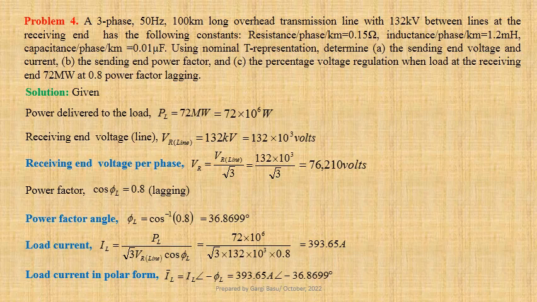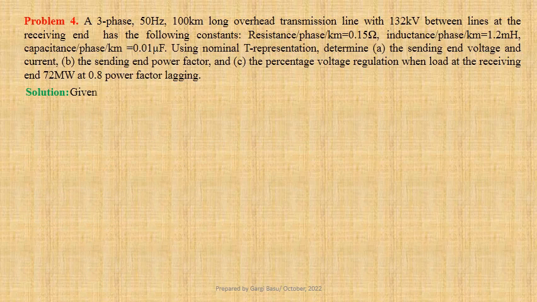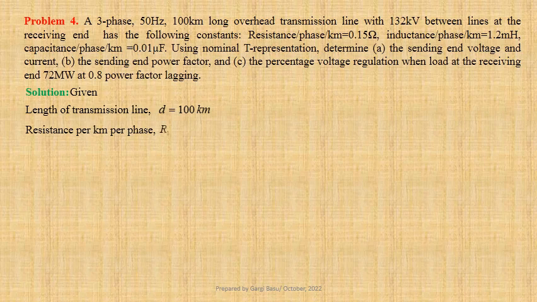Given length of the transmission line D equals 100 kilometers. Resistance per kilometer per phase R1 equals 0.15 ohm.